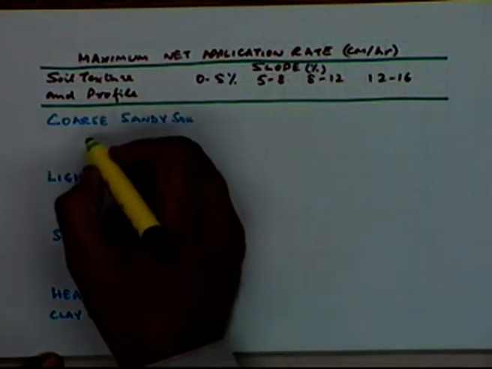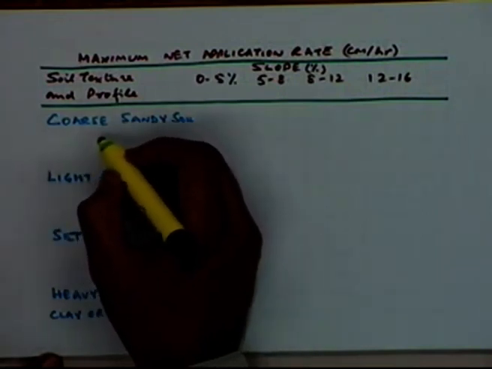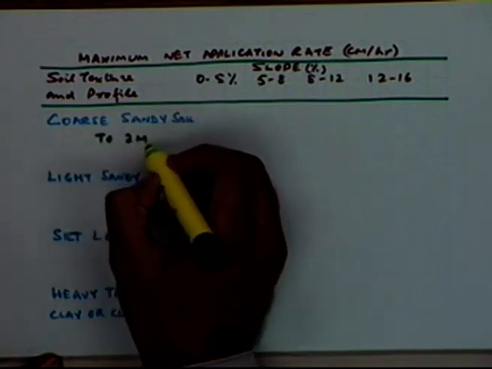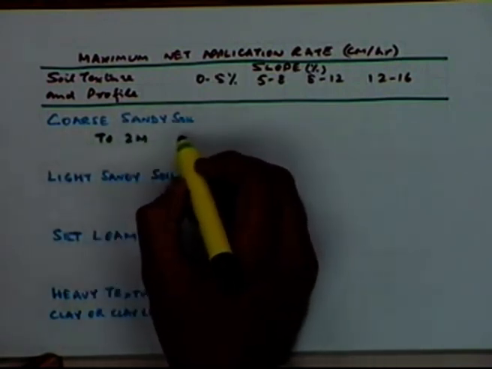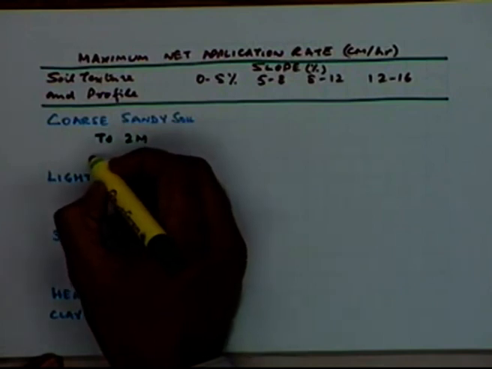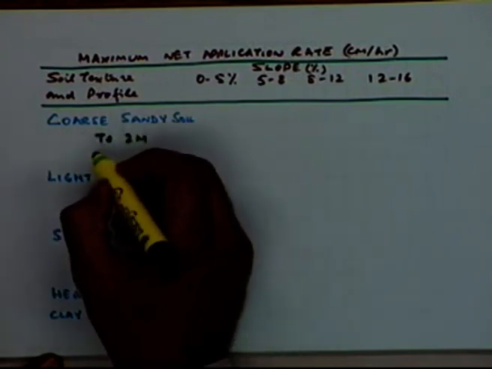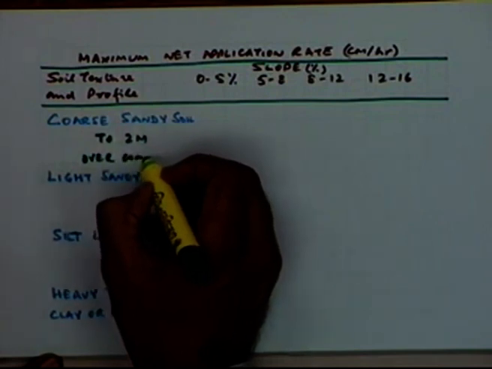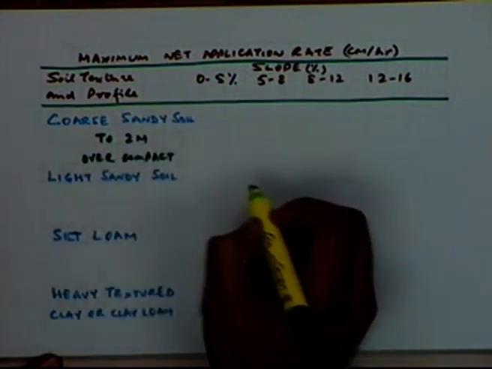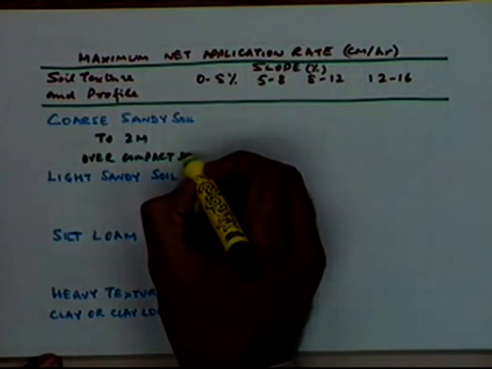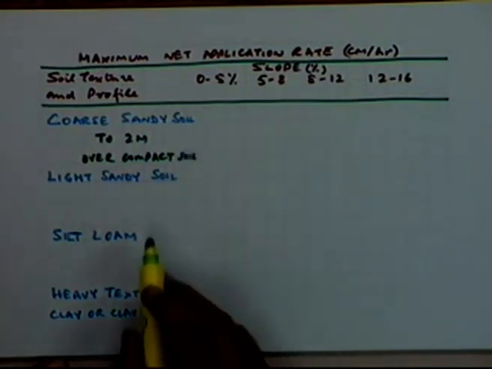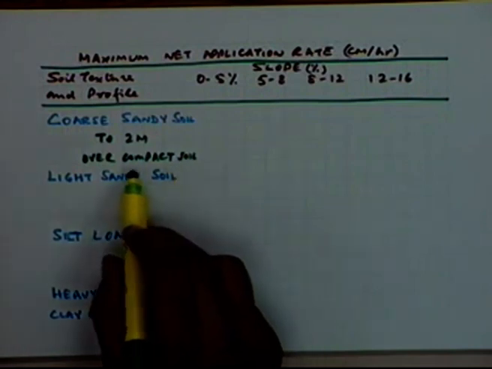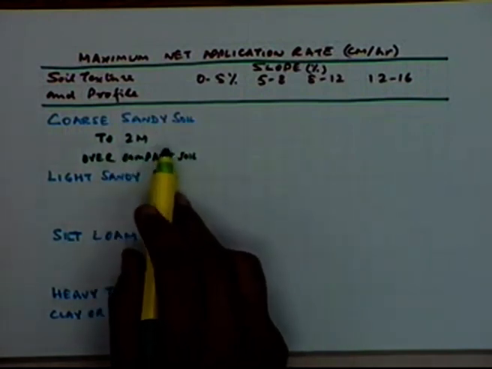So there is the coarse sandy soil to 2 meters, and the other condition is the coarse sandy soil over compact soil. In this case, this is the shallow soil, this is the deep soil.